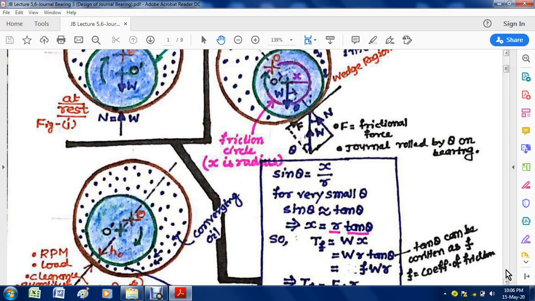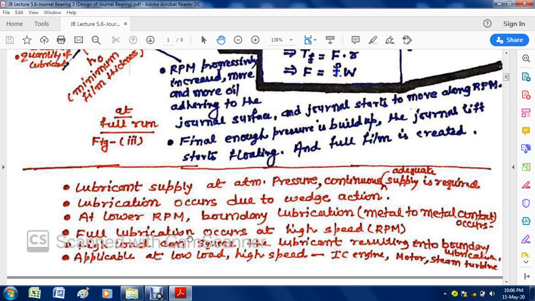So the hydrodynamic journal bearing is not used for high bearing load. It is applicable at low load and high speed, such as in IC engines, motors, steam turbines, etc.